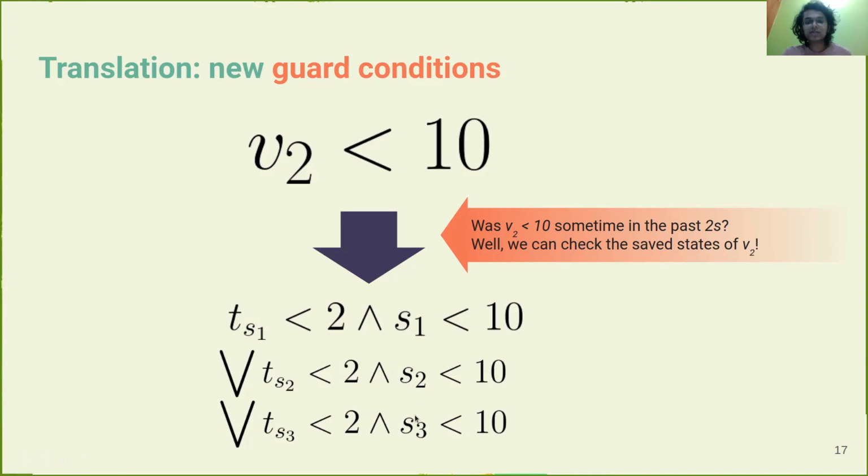Here S1, S2, S3 just represent the value of V2 at some point in the past, and the time in the past when it was recorded is represented by TS1, TS2, and TS3. And we check that if the TS1 is less than 2 and whether S1 was less than 10, then indeed we can take the transition.